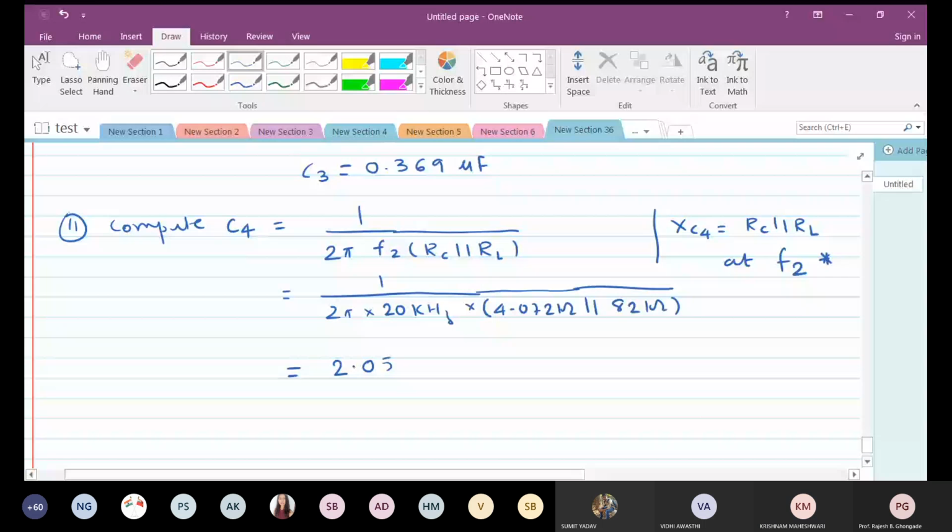No. 2.05 is all right, but I think you are messing up with the kilo ohms part in the denominator. It turns out to be 2.05 nanofarad. Check this out. So 2.05 should be something like 2.05 into 10 to the power minus 9 farads.